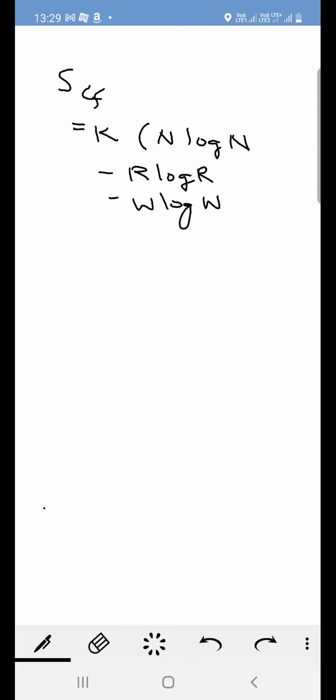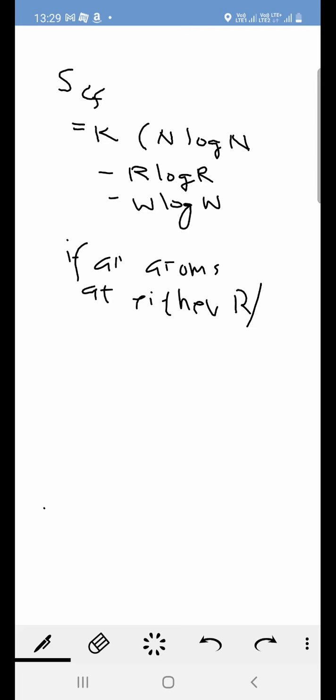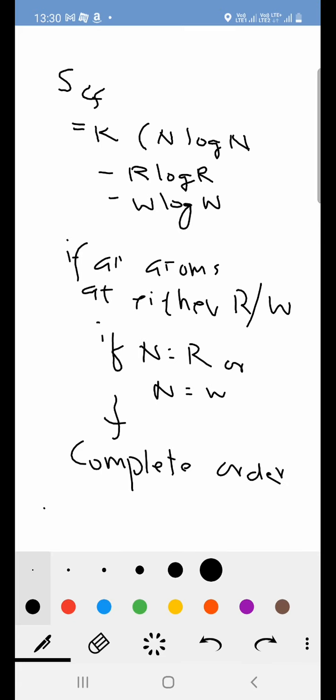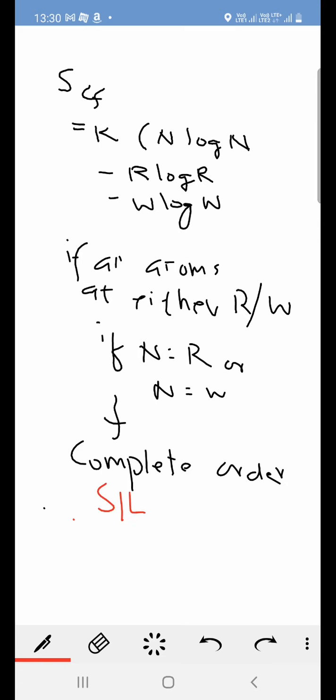Now, as I have said, if all the atoms are either right or wrong, it means if n is equal to R or n is equal to W, then there is a complete order, and this complete order is called the superlattice state.